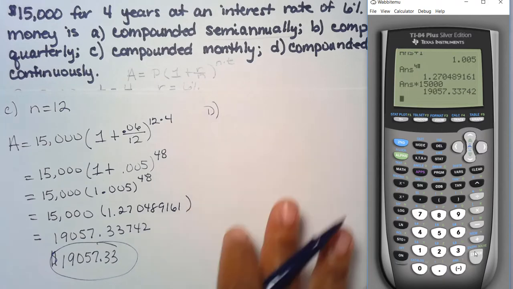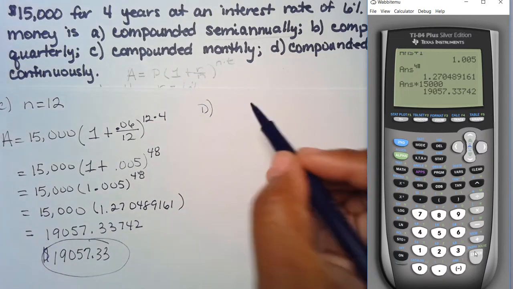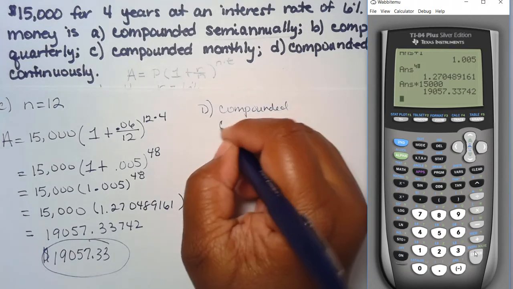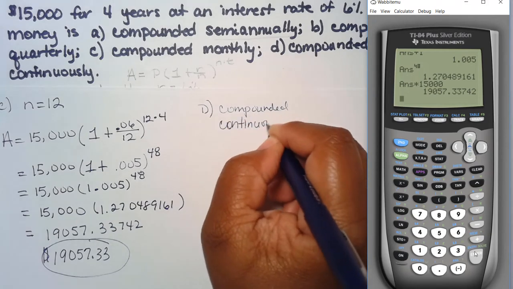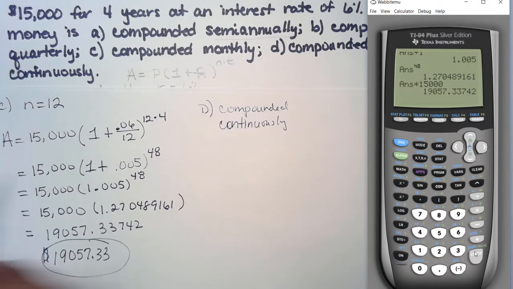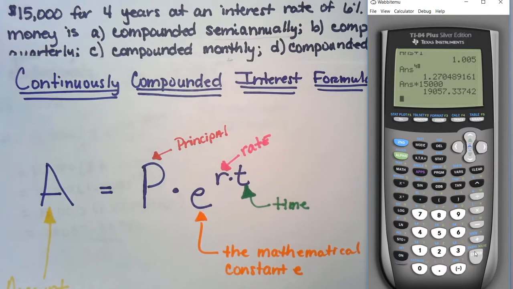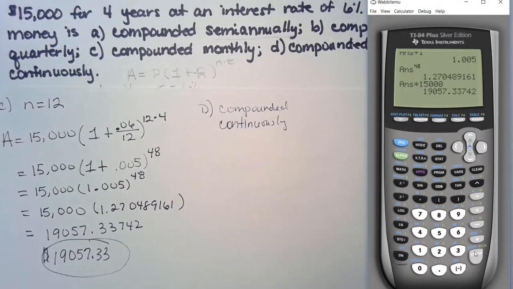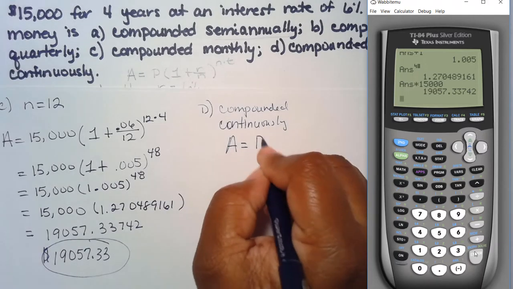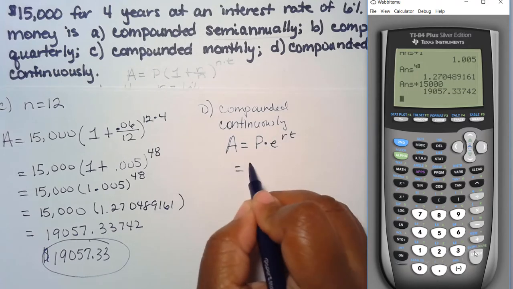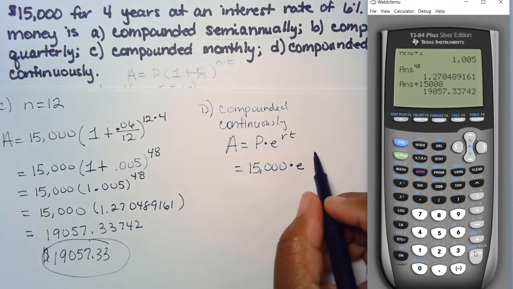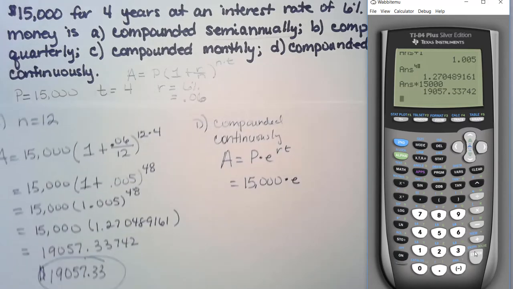And then lastly, compounded continuously, we're using the formula, which is A is equal to P times E raised to the R times T. So our principal is 15,000 times E raised to the R. What is our rate here again? 0.06.